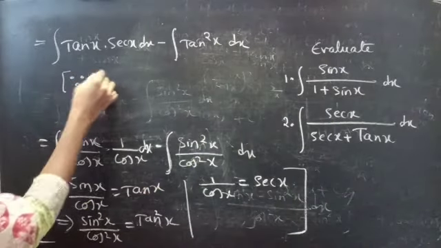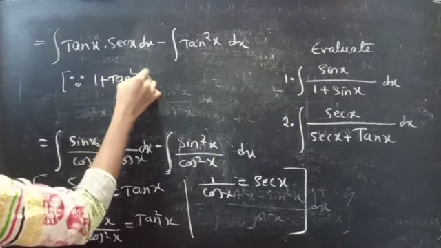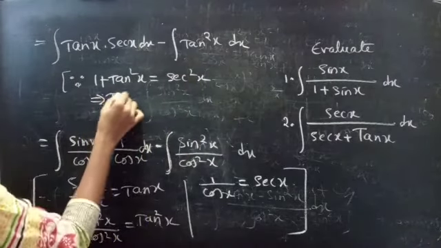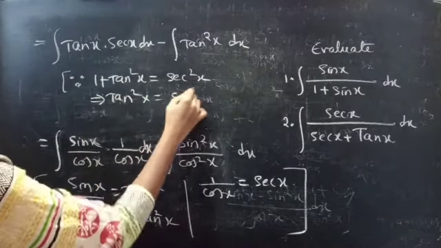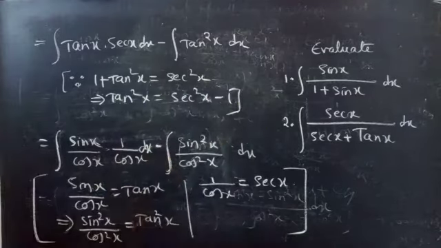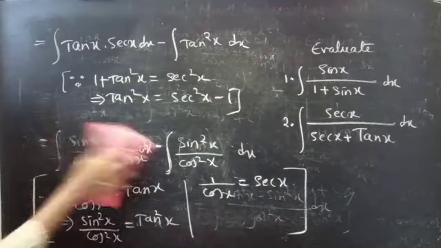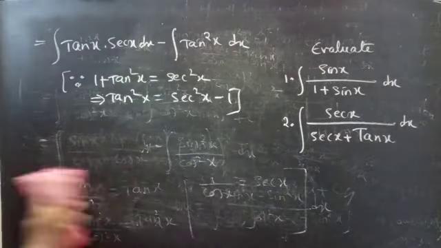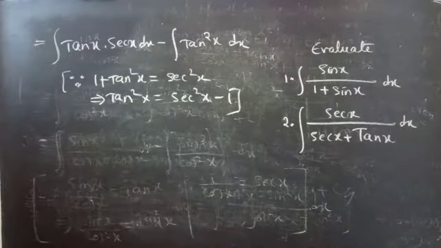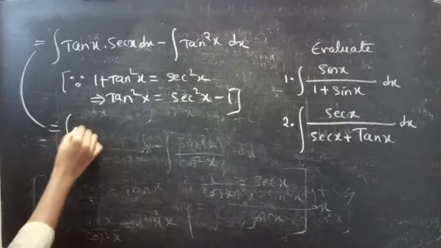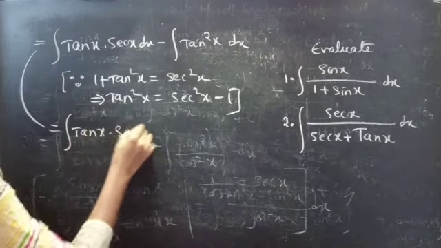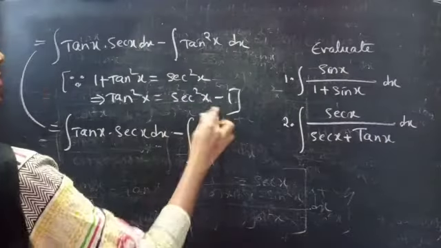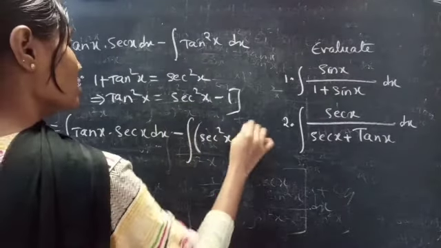Since we know that 1 plus tan square x equals secant square x, from this we'll get tan square x equals secant square x minus 1. So this becomes the integral of tan x into secant x dx minus the integral of, now replace tan square x with secant square x minus 1, into dx.